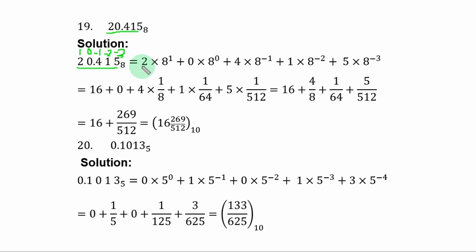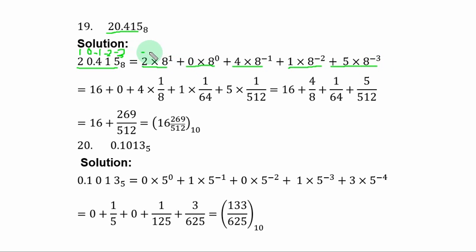So you multiply each digit by 8, attaching the position value to the base. So you have 2 times 8 power 1 plus 0 times 8 power 0 plus 4 times 8 power of -1. We are now in the decimal part. 1 times 8 power of -2 plus 5 times 8 power of -3.